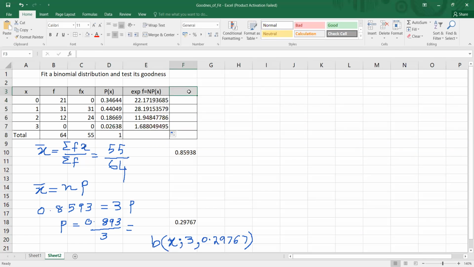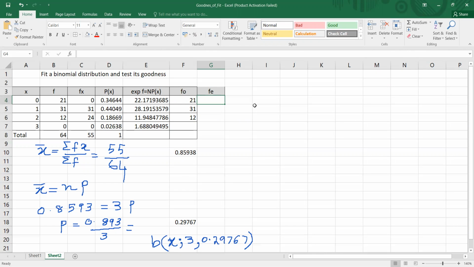So we have to recalculate the observed frequency and expected frequency here, because two cells are to be merged. The new observed frequency is FO, and the next column is FE. So what are the FOs? 21, 31, and 12 plus 0, which becomes 12. In the same way, we have to write down the expected frequencies.